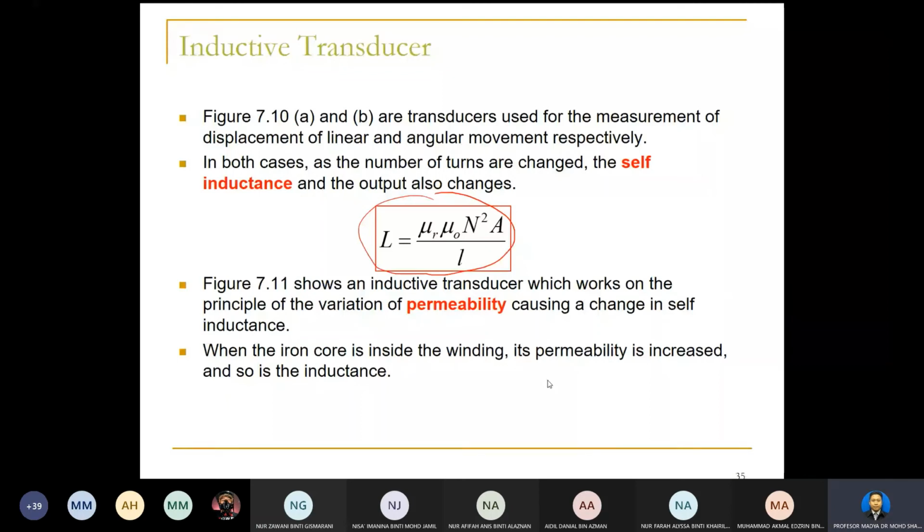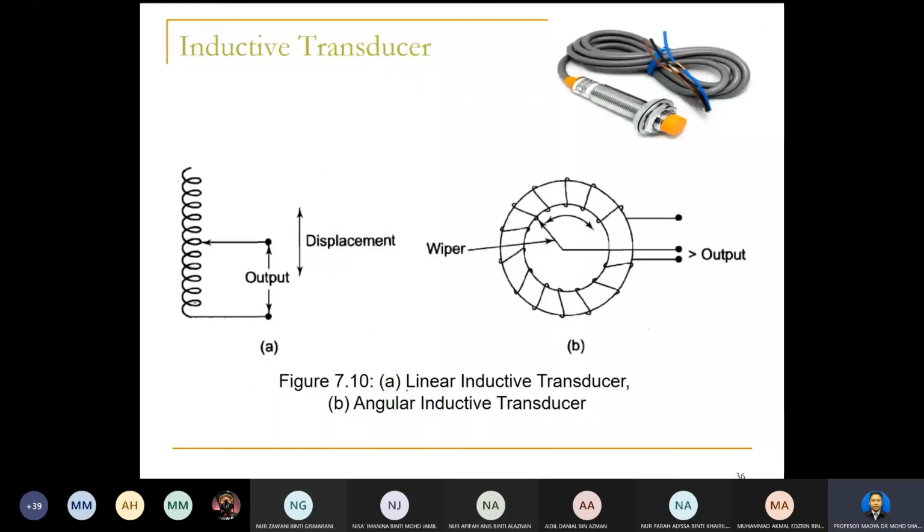Okay, you can see this is a linear inductive transducer, and this is angular. So this is some examples. You can see how these two types convert to this one. Inside this one, maybe they use a linear inductive, and for another one we have the angular like this.